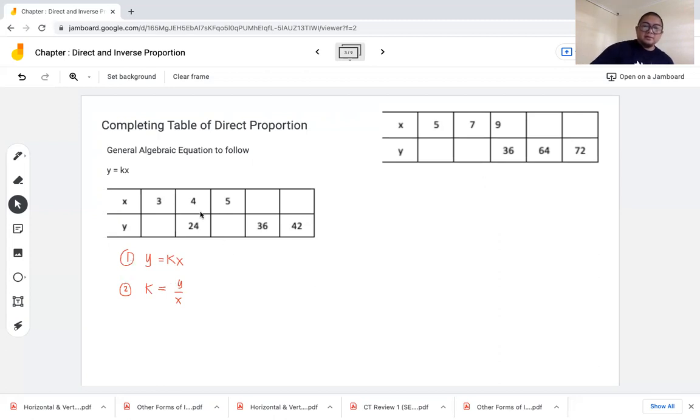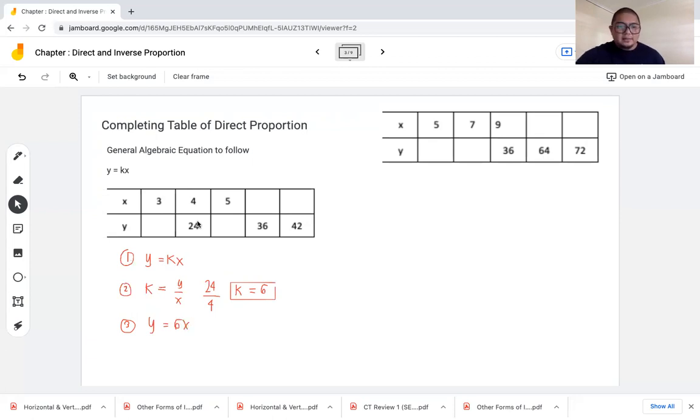And what you're going to notice here is that this is the only portion that has it. So this is going to be 24 over 4, which gives us an idea that the value of k is equivalent to 6. So now in the equation, you will now have y is equivalent to 6x.